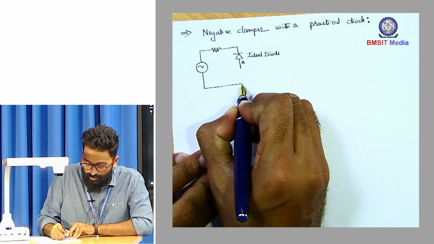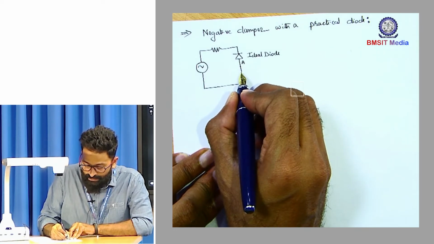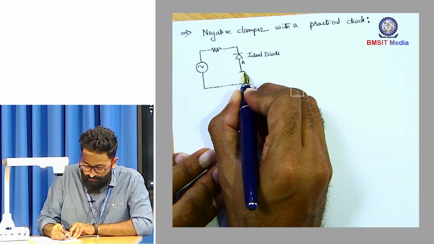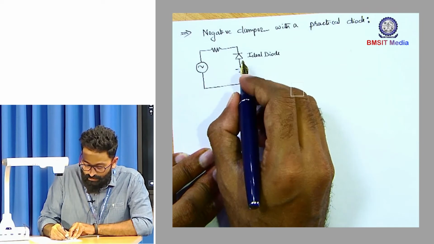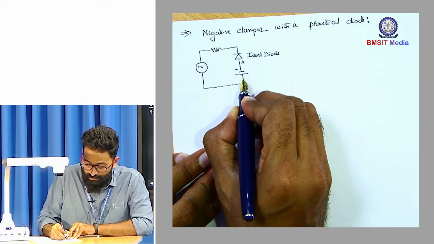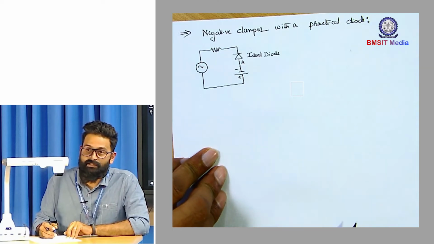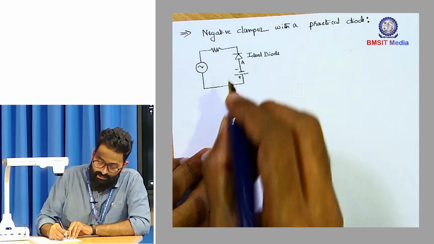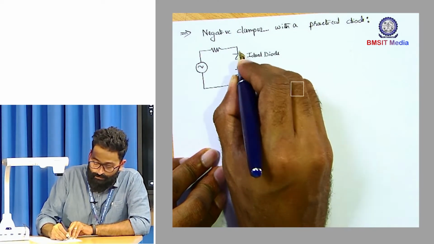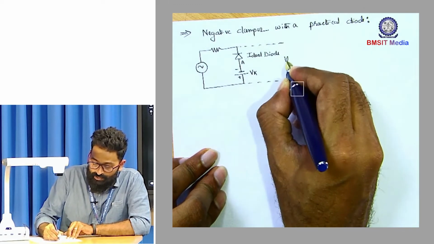So in order to place the barrier potential, what I have to do is I have to connect the negative terminal of Vk to the anode terminal of the diode. So by doing that, you can say that the barrier potential opposes the diode conduction, and this is your Vk. And this is where you will measure your output.